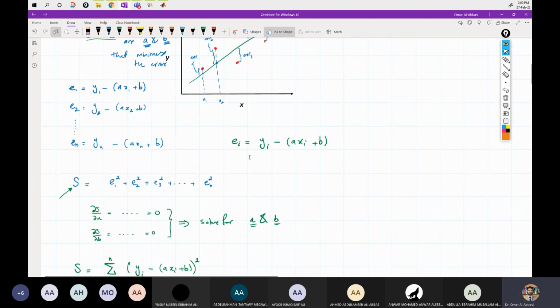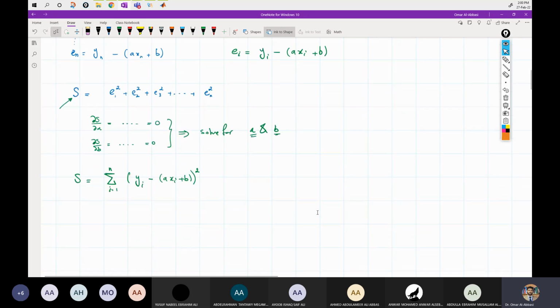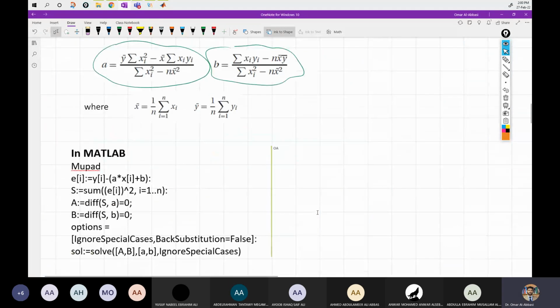Why do we call it least square fit? First of all, because least, this approach minimizes the error, right? So it is the fit with the least error. Square comes from the fact that you are squaring this system, right?